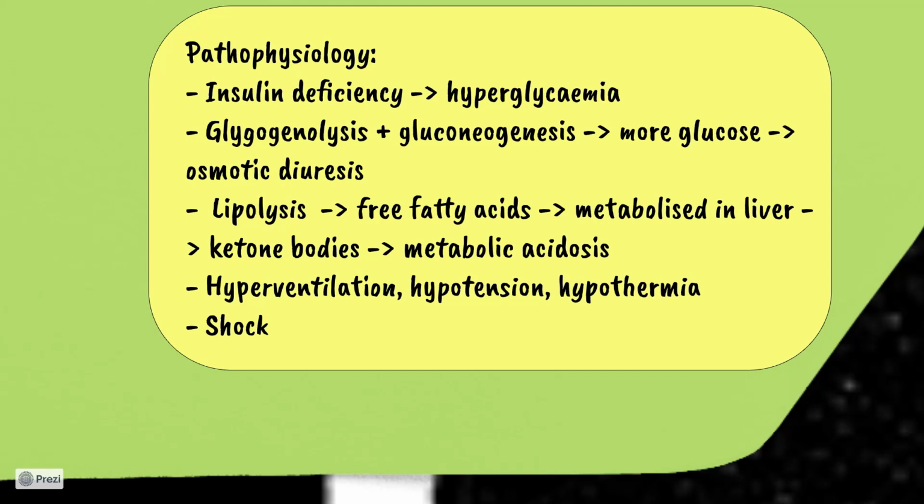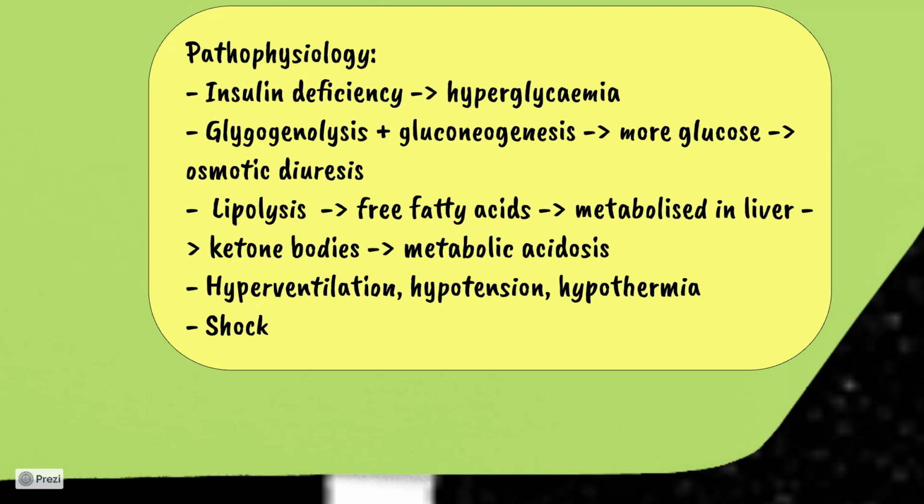When fat is broken down as an alternative source of energy, the fatty acids are metabolized in the liver and produce ketone bodies. These are acidic in nature and can result in metabolic acidosis when produced in large amounts. The acidosis can lead to hyperventilation as the body tries to compensate by blowing off CO2.